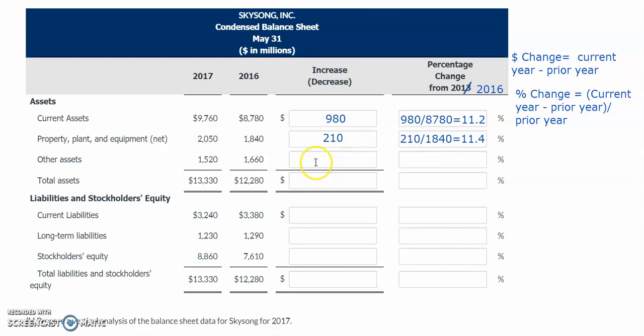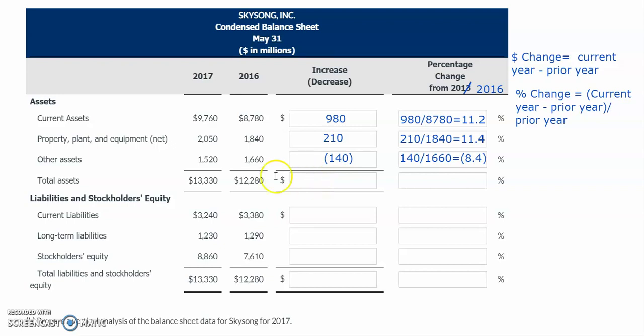When we look at our other assets, we're going to take 1,520 minus 1,660, and we notice that there's a decrease in other assets. So that decrease in other assets, we want to figure out the percentage decrease. So there was an 8.4% decrease from the prior year for other assets.